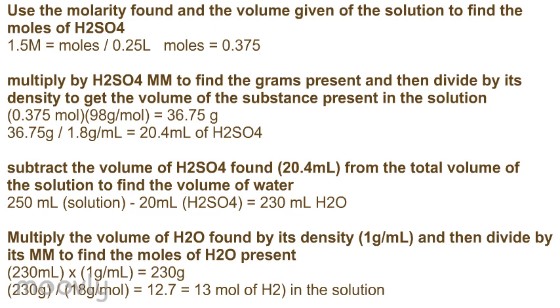So multiply 230 milliliters by 1 gram per milliliter, and it will equal 230 grams. Now divide 230 grams by 18 grams per mole, and it will equal 12.7, which is approximately 13 moles of H2O in the solution.